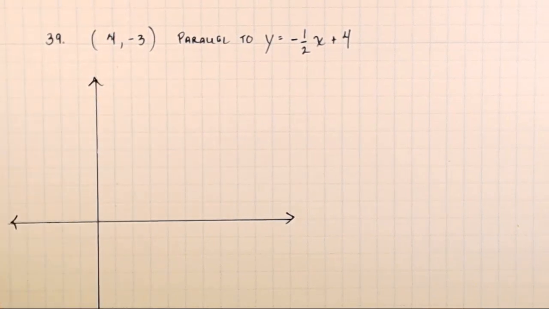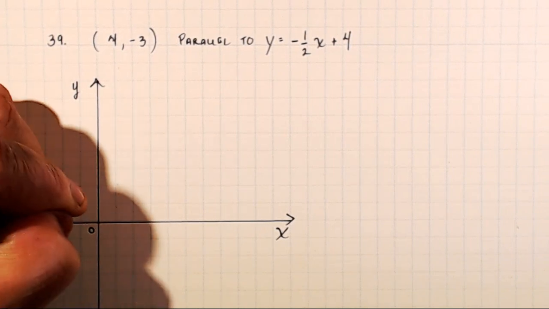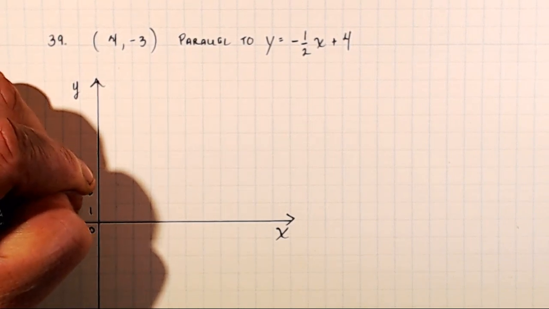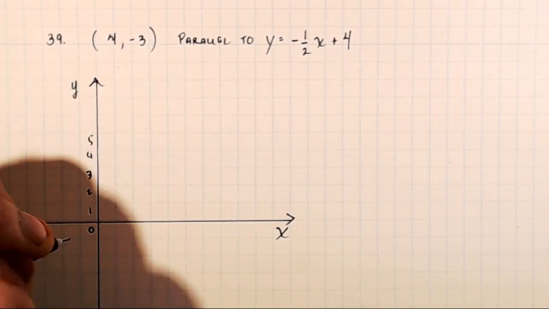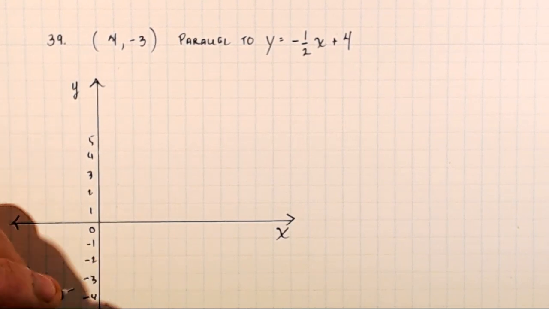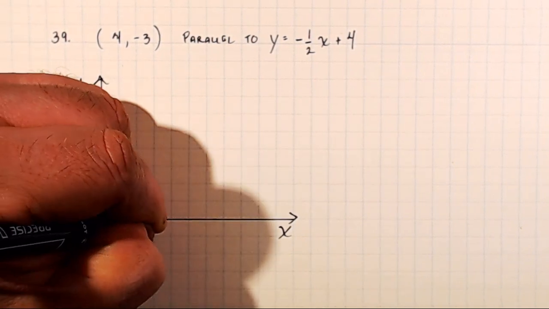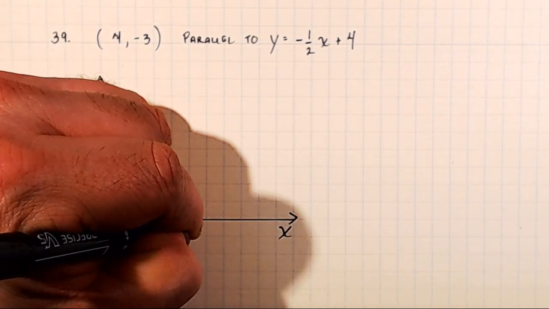This is going to be y and x, 0, 1, 2, 3, 4, 5, negative 1, negative 2, negative 3, negative 4, negative 5, 1, 2, 3, 4, 5.